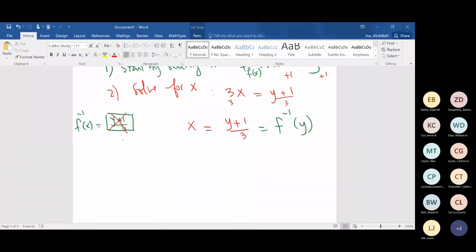Okay, so look at the left side and look at the right side. Alex is giving me a box where I have to put my answer, and they wrote f minus 1 of x equals, and then I put y plus 1 over 3. What could be wrong here? What doesn't match?